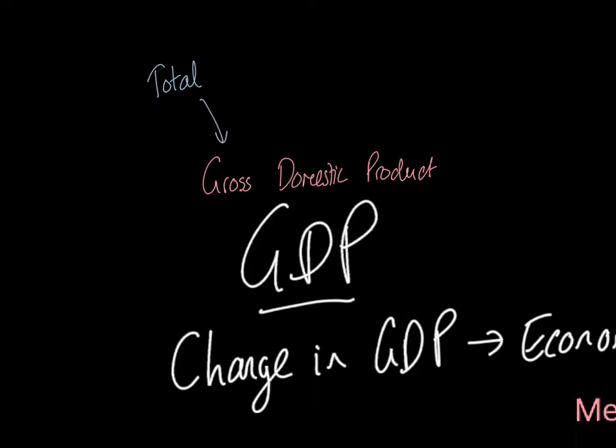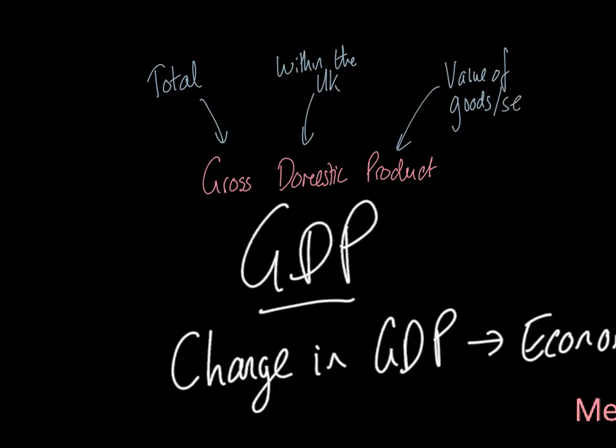So when we talk about gross concepts in economics, we are talking about a total concept. Domestic means within the UK. So the total within the UK, and product is the value of goods and services produced.